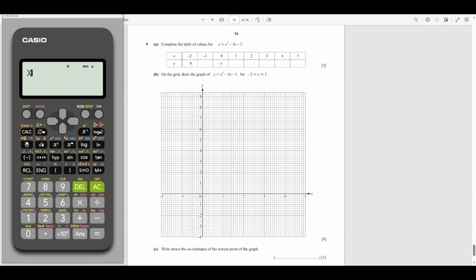And then I'm going to use the CALC button over here, which allows me to set value on my x. So right now I want my value of x to be negative 1 because that's what we are interested in right now. So negative 1, and then I'm going to press my equals to sign, and that's where it will tell me that the value of x is fixed in this case to be negative 1.